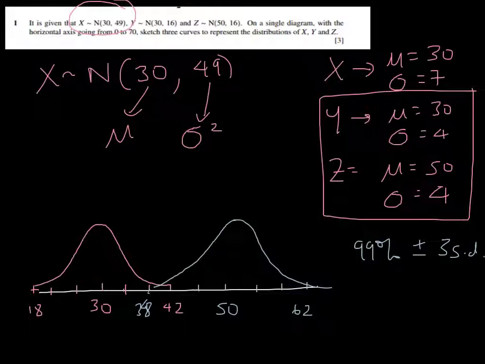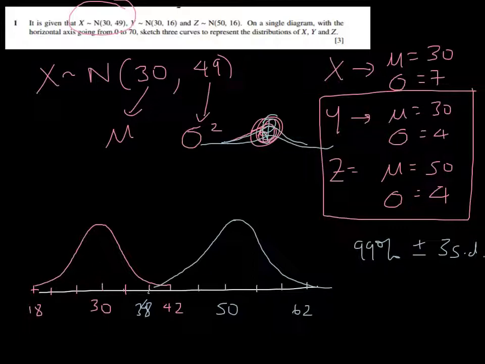At first it's quite close together like this, but as it melts and goes further and further away from the centre, your height of the ice cream will also decrease as well, because it's the same amount, it's just being spread over a further width of concrete, let's say, if it's melting on the concrete. So when we draw our distribution for X, which has a mean of 30 but a standard deviation of 7, we're going to have to drop it down in terms of its height.